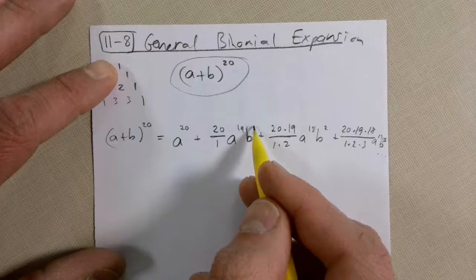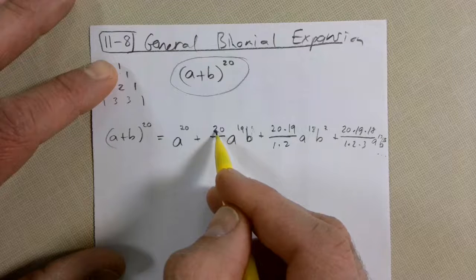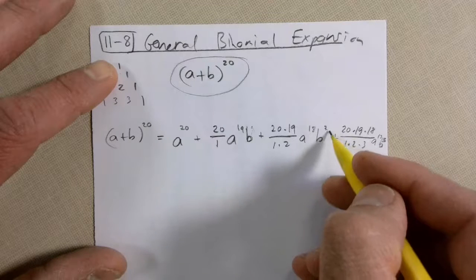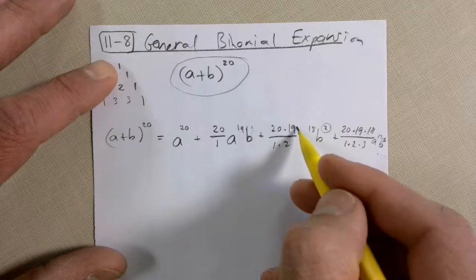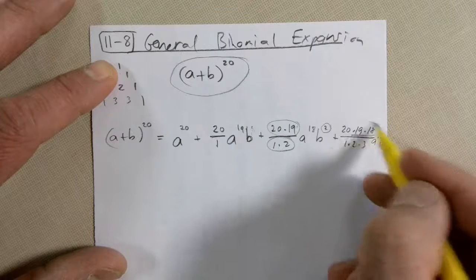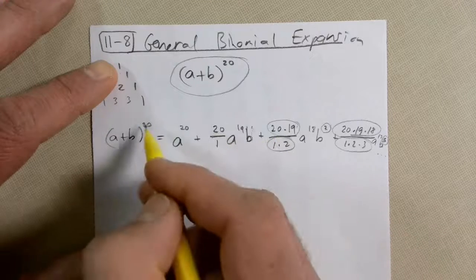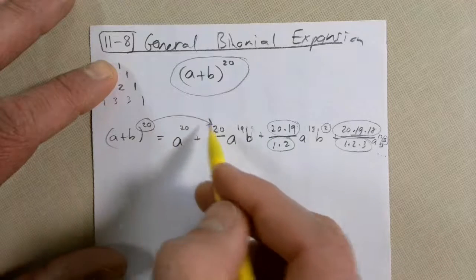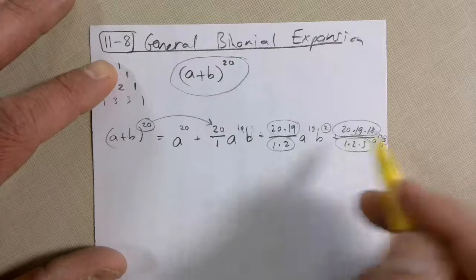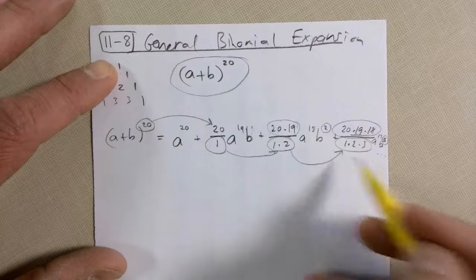So here, the power of b is 1, so there is 1 numerator and 1 denominator factor. The exponent is 2, and there are 2 factors on the top and the bottom. The exponent is 3, there are 3 factors and 3 factors. Notice it starts with 20. We get that from the power, 20. Then it goes 20 times 19, 20 times 19 times 18. The bottom starts with 1, then it goes 1 times 2, 1 times 2 times 3.